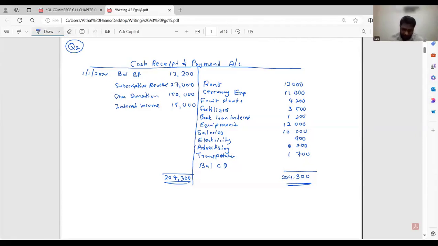So 204,300 minus 12,000, minus 11,400, minus 4,200, 3,500, 1,200, 12,000, 10,000, 400, 6,200, 1,700. 141,700.